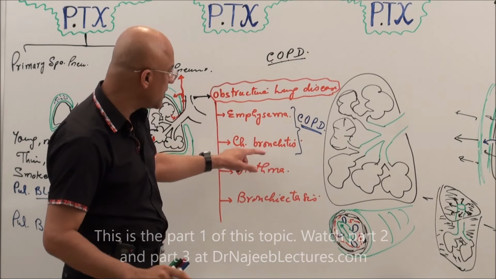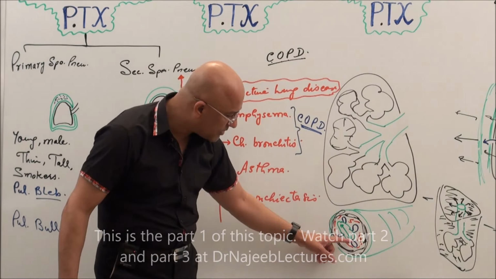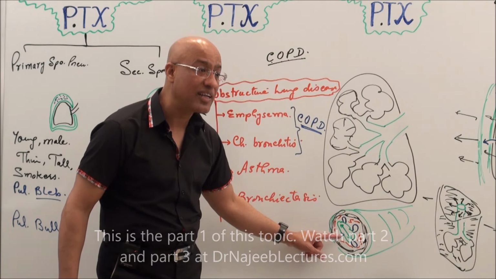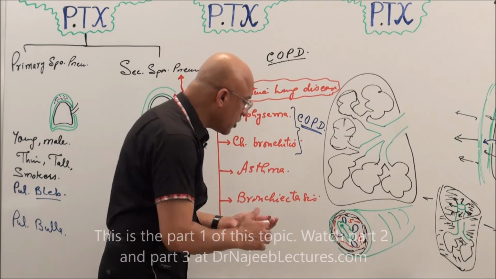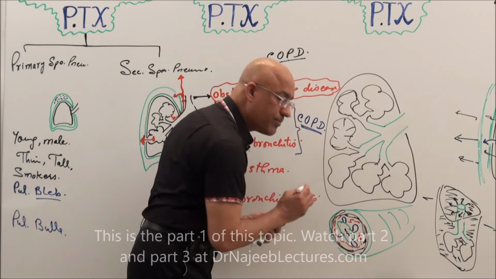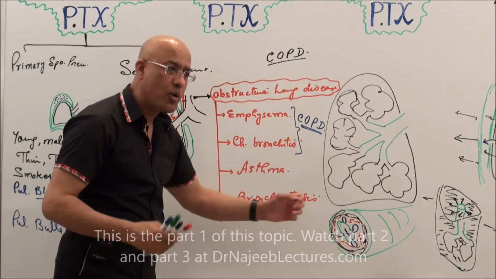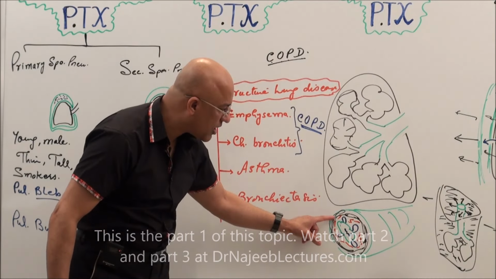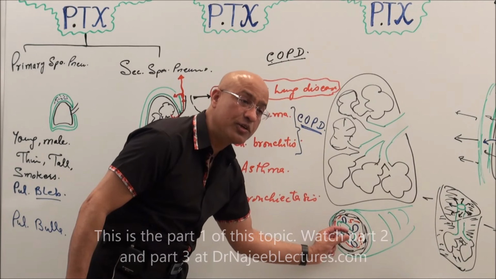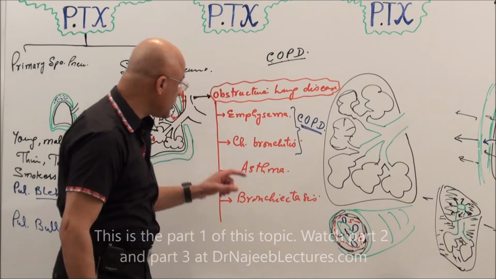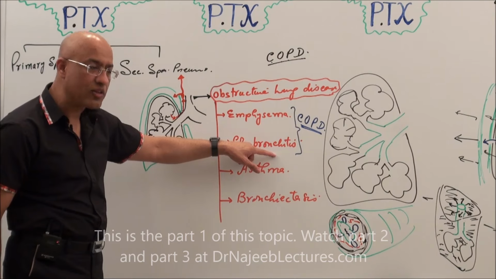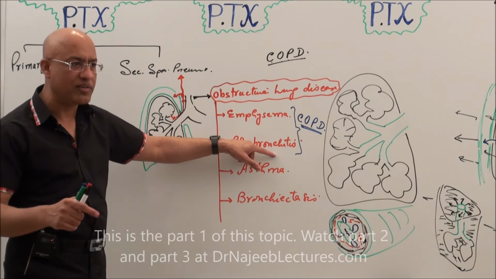For a while I will just mention what really happens in chronic bronchitis: these secretory glands become hyperplastic and there are more secretions, and if they are producing more secretions, it means there is intraluminal obstruction due to increased secretion. Plus in chronic bronchitis there is inflammation of the bronchial wall, and this swells inward. When it swells inward, it further reduces the lumen. So in chronic bronchitis, obstruction is due to increased luminal secretions and also due to inflammation of the airway walls, the bronchial walls.